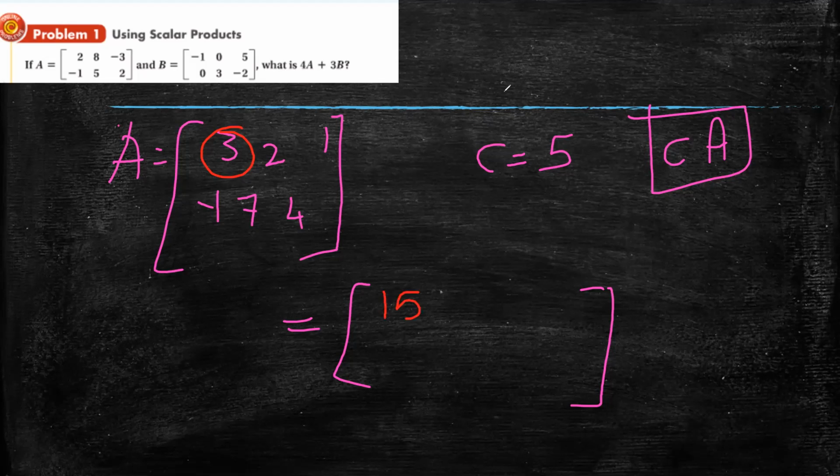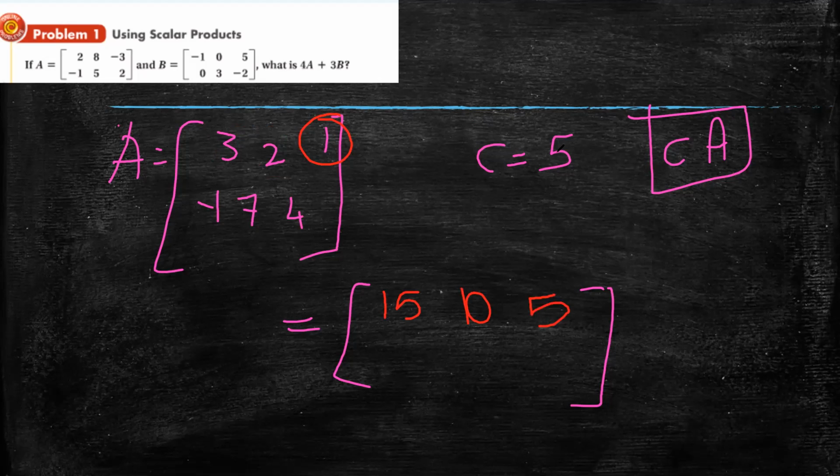Then this number 5, you have to multiply with the number 2. Then you say 5 times 2 is 10. Then you multiply 5 by the third element in this matrix, which is the number 1, where 5 times 1 is 5.